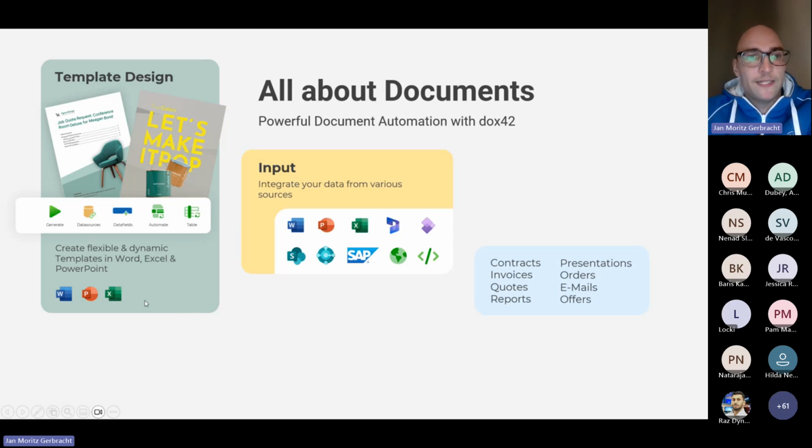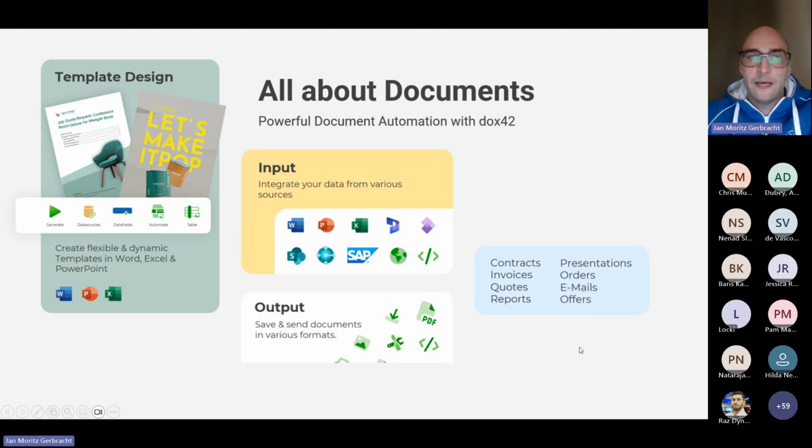So all of your document needs can be served with just the standard Word, PowerPoint, or Excel, where we have a Docs42 add-in, and that add-in allows you to quite seamlessly integrate to all these other systems and then have a very full package that typically meets your document needs. And that can look in so many different ways, be it email creation or contracts or something else. There's a big bandwidth of how people use Docs42.